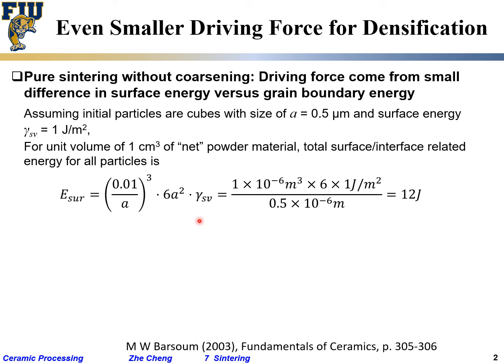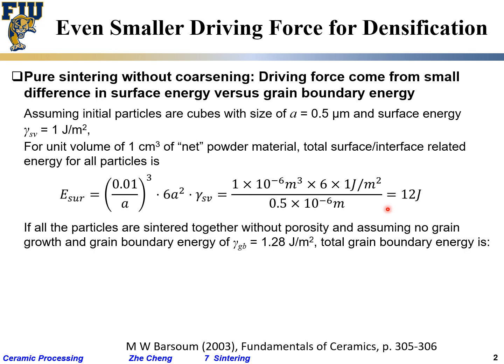The same equation, 6a squared gives you the total surface area for that cube, times gamma gives you the surface energy for that one small particle. And 1 centimeter divided by a, to the power 3, gives you how many small particles. We end up with 12 joule.